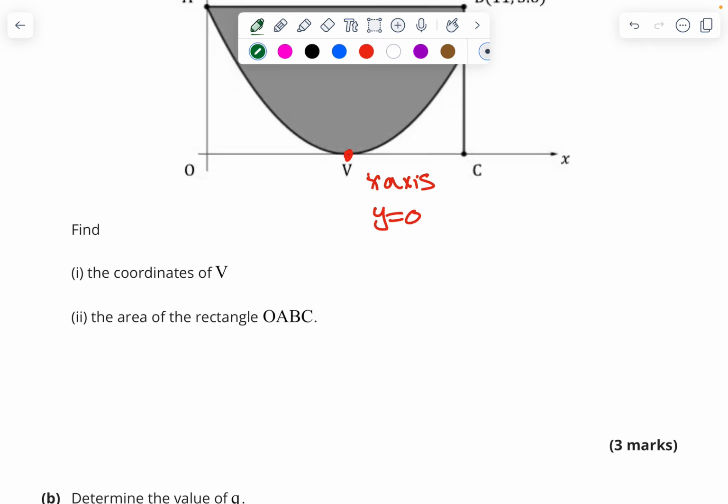So what do I get? Q times x minus 6 whole square equals to 0. So x minus 6 whole square equals to 0, x equals to 6. So the point is going to be 6 comma 0. That's going to be the answer.